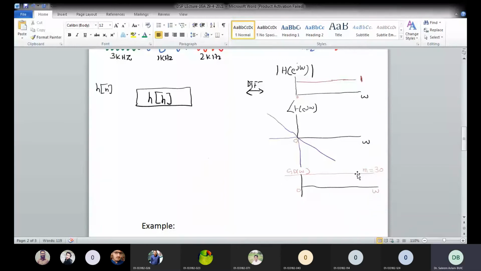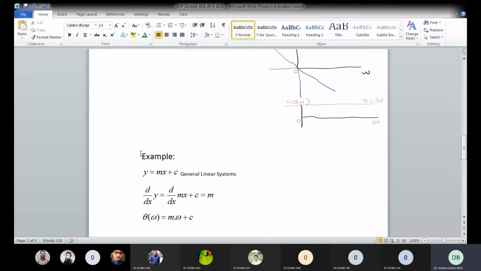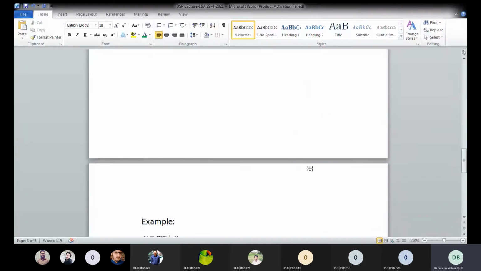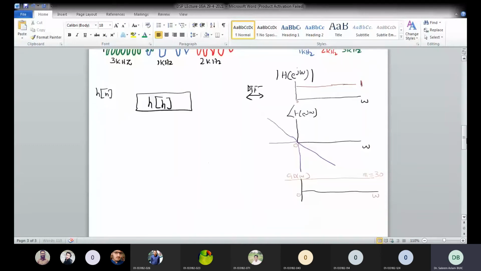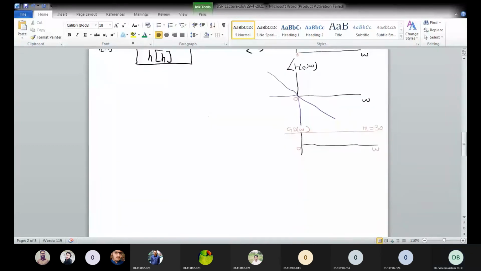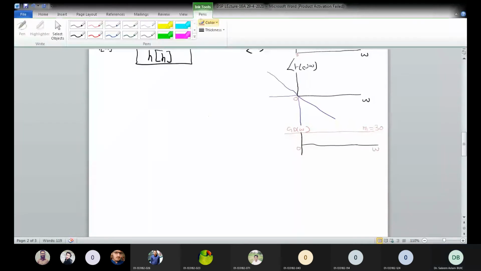ठीक है बेटा. अब what does it mean by m is equal to 30? Let's draw the output because we have to pass the signal x through h and get the output. Let me draw the output response of the system. Let me take the same signal from here till here.